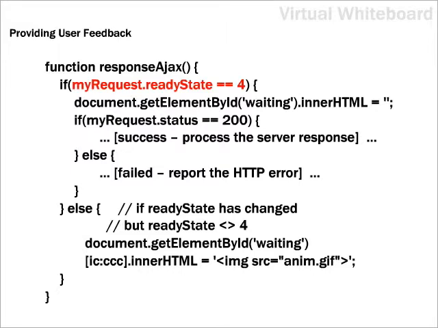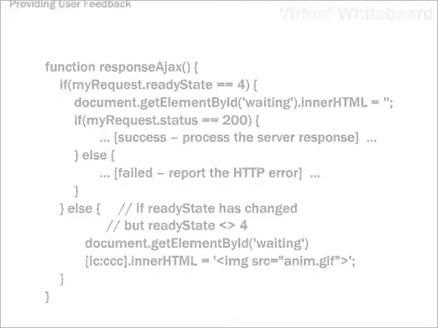Whenever this condition fails to be met, the else condition of the outer if uses the innerHTML property to ensure that the page element with ID waiting contains an image whose source is the animated GIF. As soon as the condition readyState equal to 4 is met, and we therefore know that the server request has concluded, this line once more erases the animation.